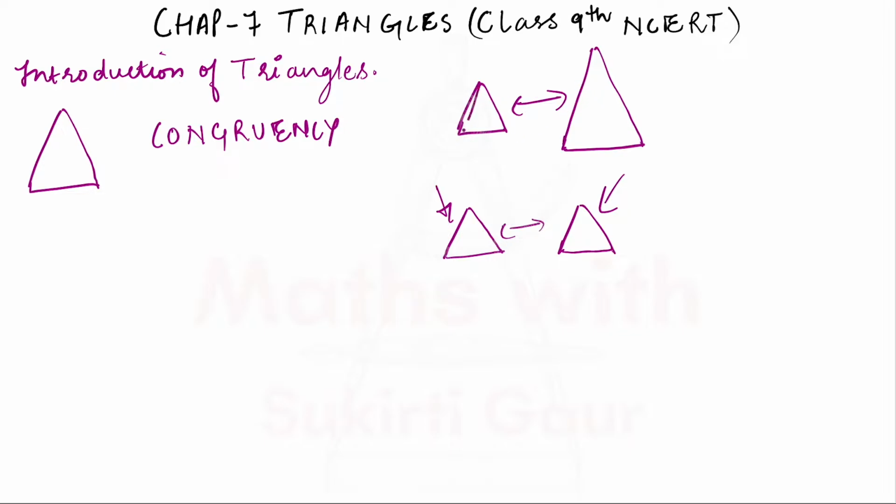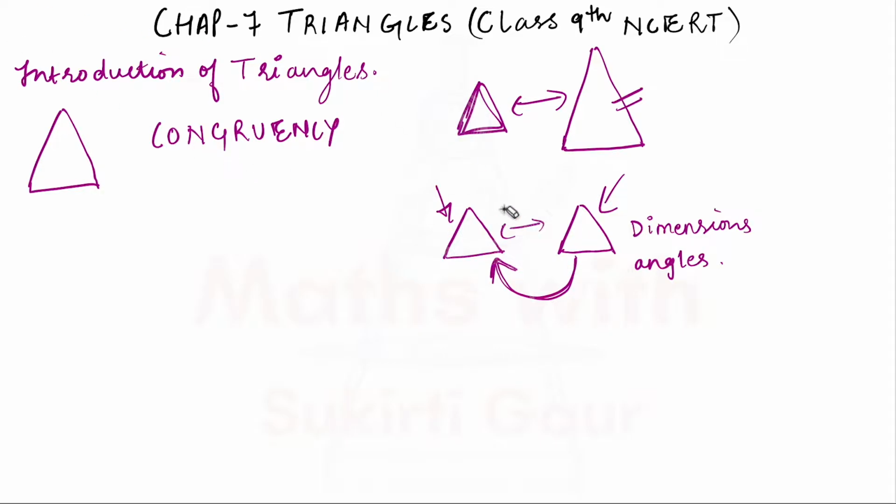If I try to put this smaller triangle over this bigger triangle, it will not cover the whole triangle. But if I take this triangle over this triangle, it will be overlapping, covering. It means the dimensions and angles of these two triangles must be the same, that they are just covering each other.